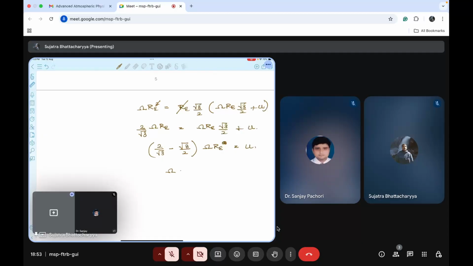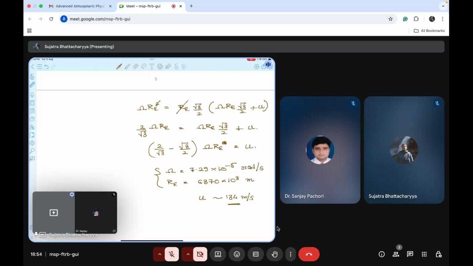So omega we have already calculated: 7.29 into 10 to the power minus 5 radians per second. Re is the radius of the earth. One must know this: 6370 kilometers, so into 10 cube meters. Just plug in the values and try to calculate. You will not get the exact expression, but I think it is 134 meters per second.